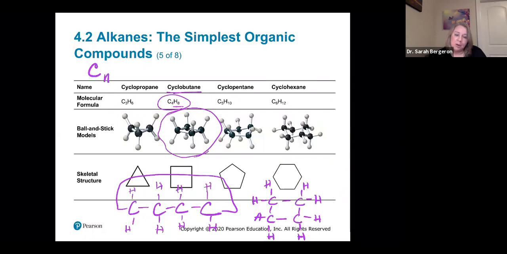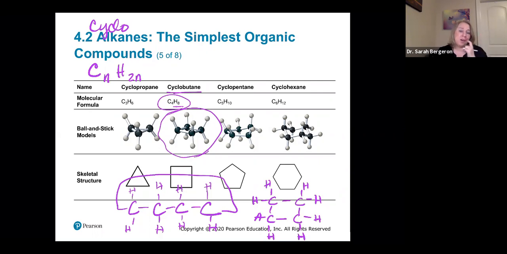Whatever my number of carbons is, my hydrogens are going to be 2 times that number of carbons. And it works for every single cycloalkane. So cycloalkanes are always going to be CnH2n.